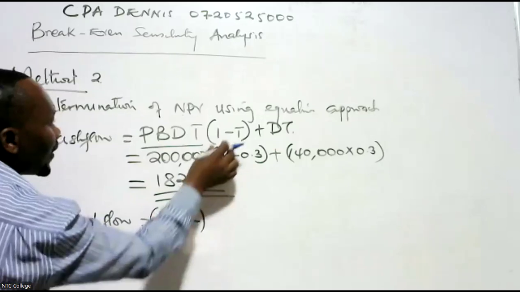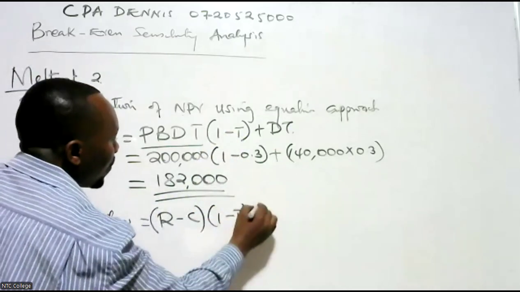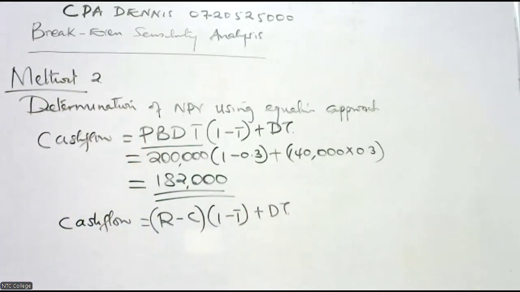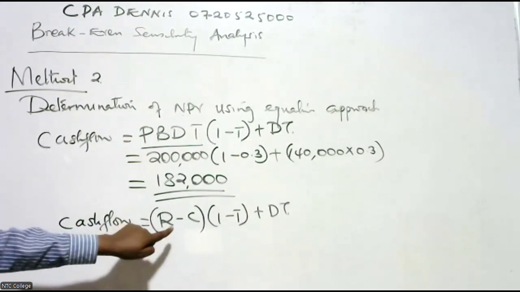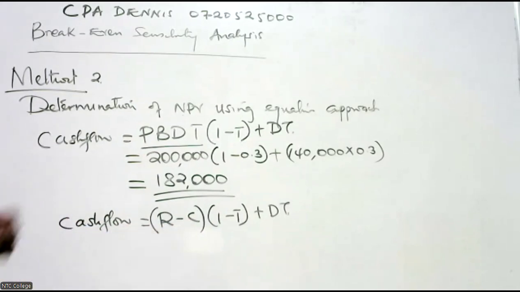Revenue minus cost times 1 minus T plus DT. So if you are told now to vary this, you can clearly see it. If you are told to vary cost, you can clearly see it. And even tax, you can do that. That is our cash flow.